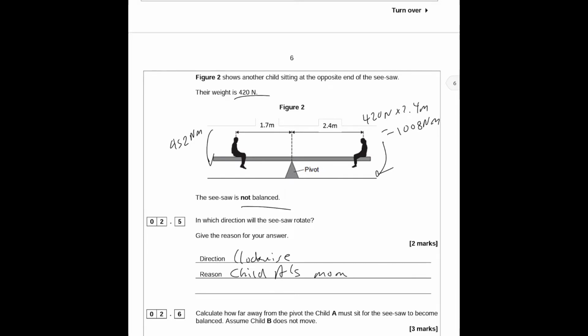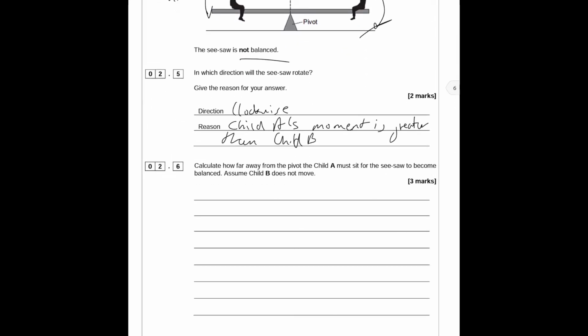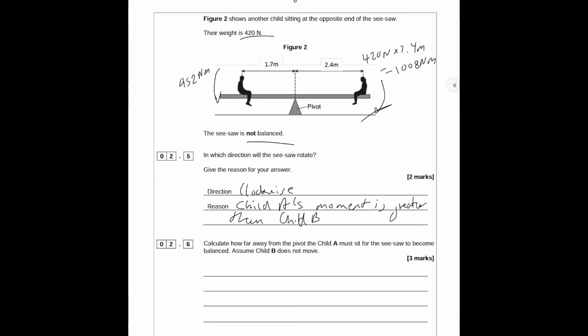So child B's moment is greater than child A's. Okay, calculate how far from the pivot child A must sit.